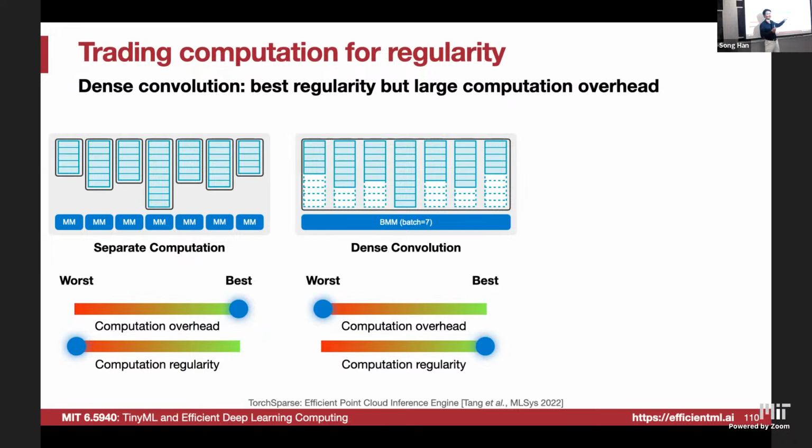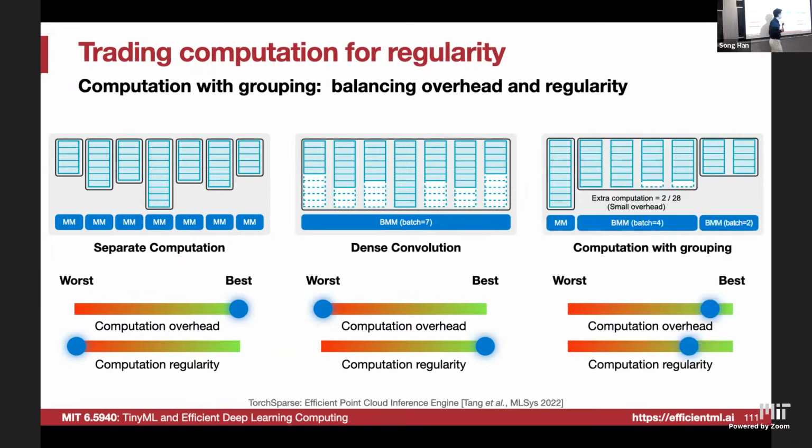You can parallelize the whole chunk of computing and throw it to a high-throughput GPU. What we did here is computation with grouping. We group the similar matrix sizes to pad only a little bit, group those small matrices together, and launch 3 GPU kernel calls, which is a good balance between computing overhead and regularity.